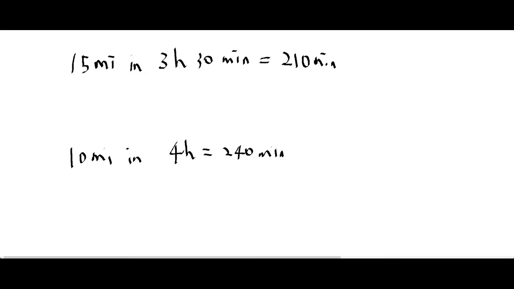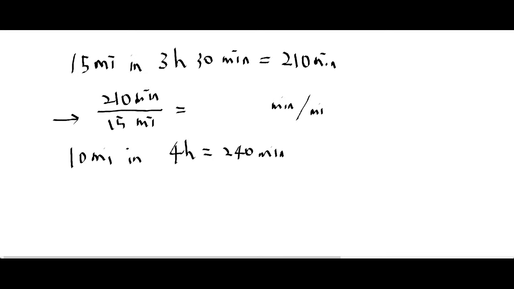So you can think this one. To run 1 mile, how long does it take? That time you can use 210 minutes divided by 15 miles, right? Its unit is minutes per mile.